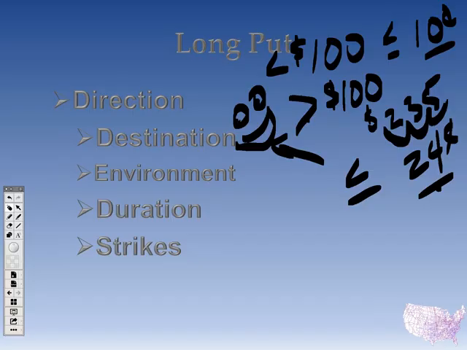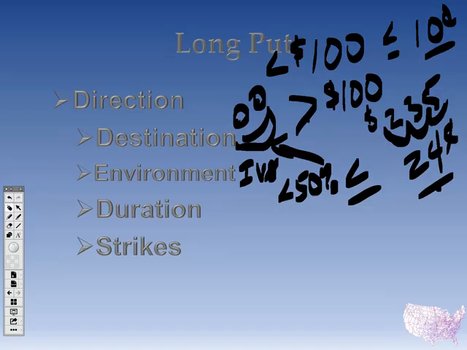Our environment, I see a couple of questions coming up. Our environment here is that we want IV percent, I should switch my pen here, IV percent to be less than 50. That's where we want to be thinking we're going to be buying it.